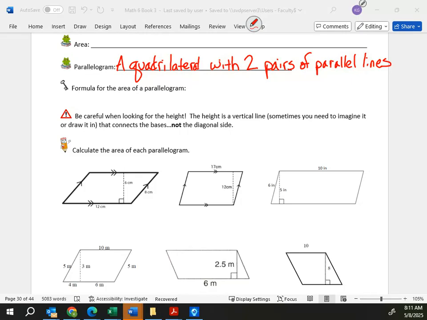Remember, the formula for the area of the parallelogram is the base times the height. I would put a little note saying height. You could say perpendicular. Some of us might forget what that means, but height makes a right angle.